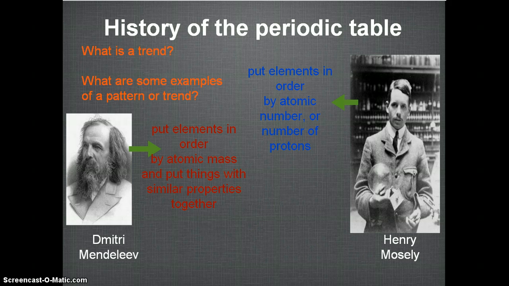So if you look at the periodic table, it's close to that organization, but a guy named Henry Moseley came along and he said, let's not put them in order by atomic mass, let's put the elements in order by atomic number, or in other words, the number of protons. So Henry Moseley's change to Mendeleev's periodic table is what we are currently using today.